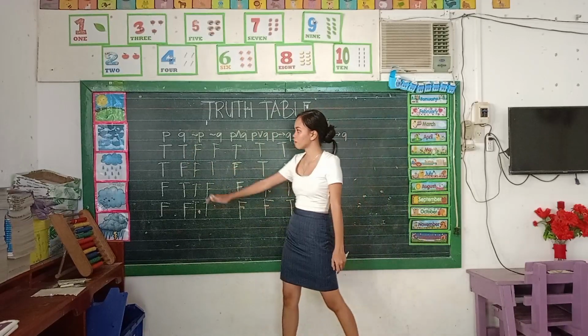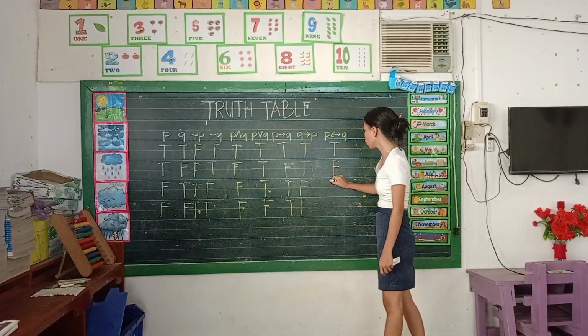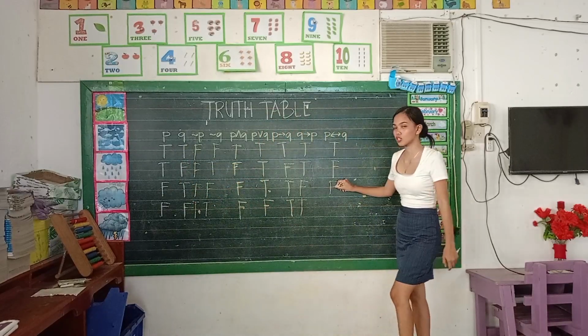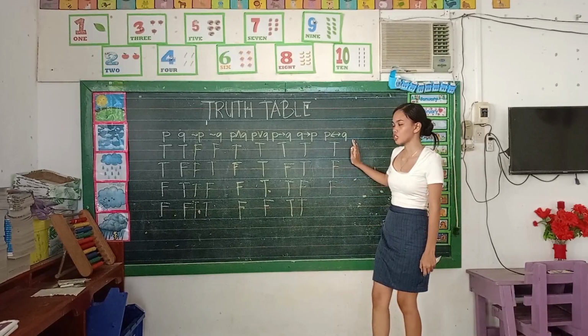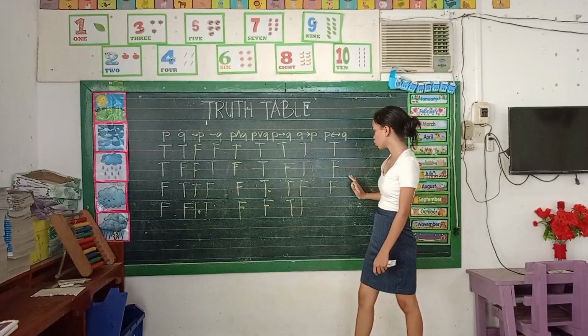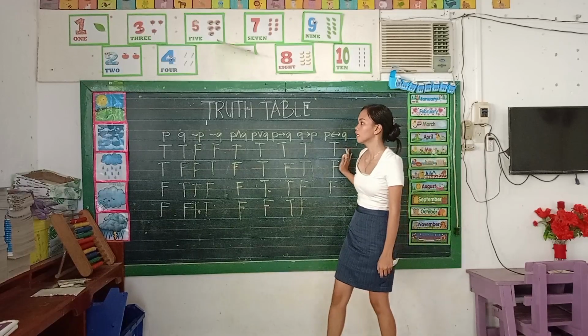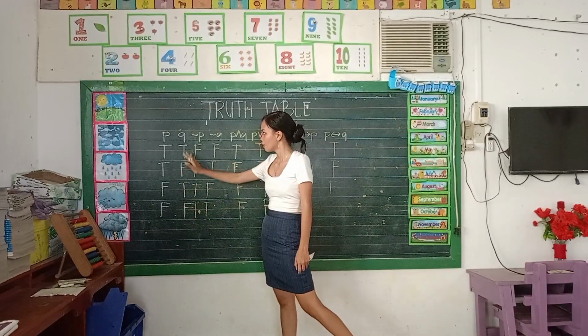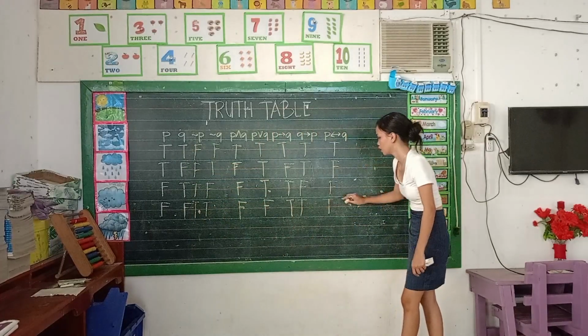Next is if P is false and Q is true, the result will also be false because the rule here is both statements should have the same truth value for the result of the biconditional to be true. Then lastly, if both statements are false, therefore the result will be true.